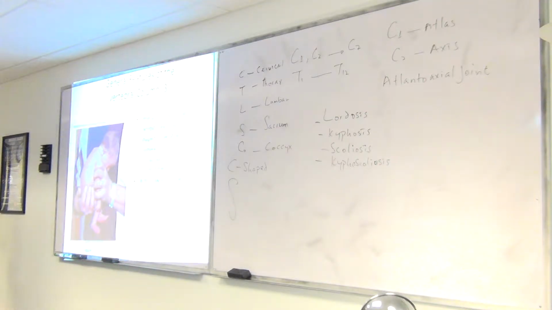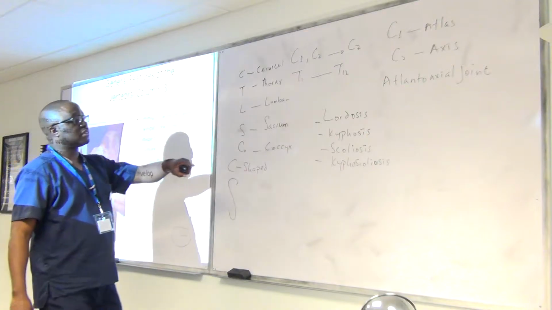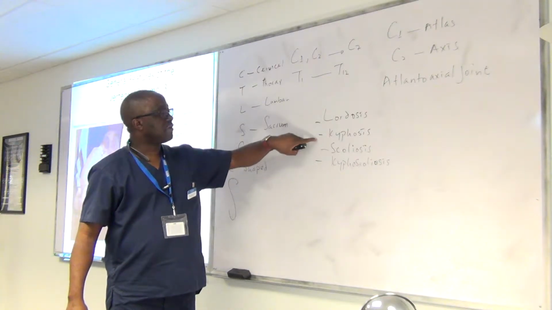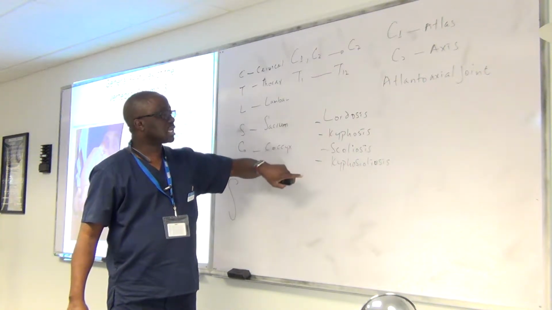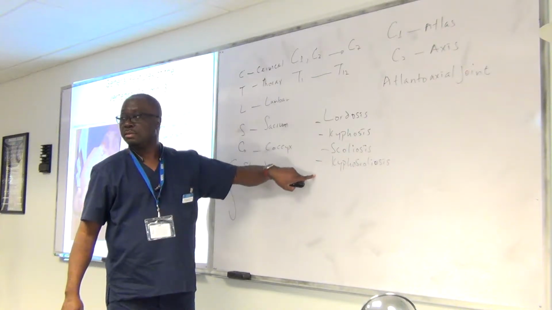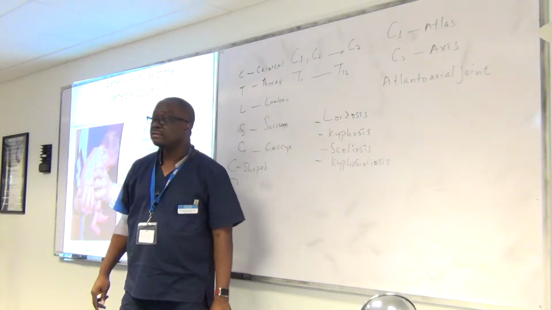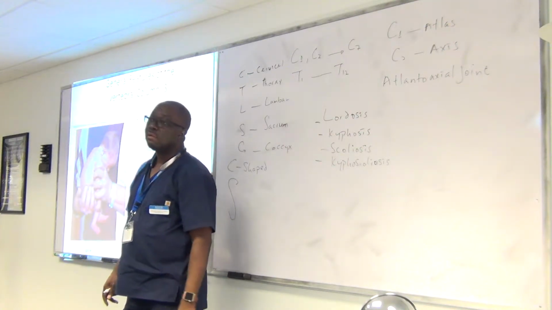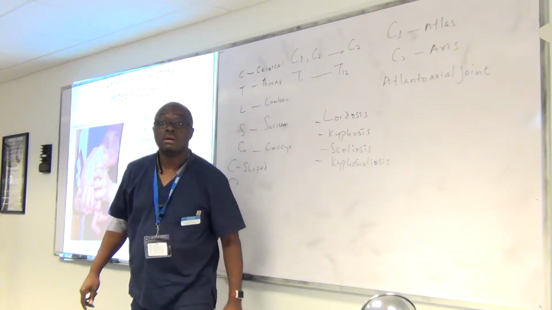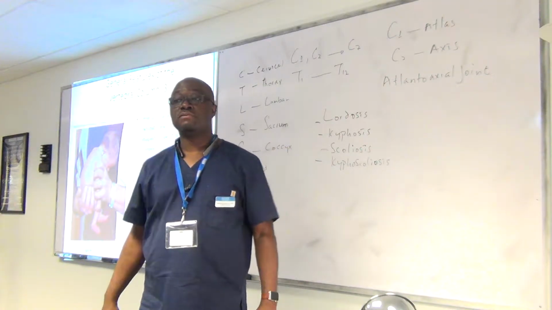All right. What can be a problem with a patient that has kyphosis, scoliosis, and kyphoscoliosis in particular? Pain, a lot of pain. Okay. What else? They might not be able to walk very well.